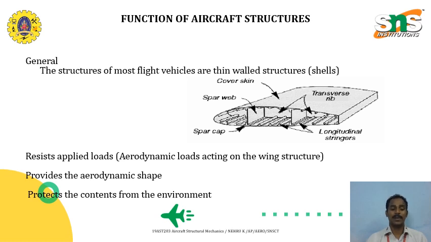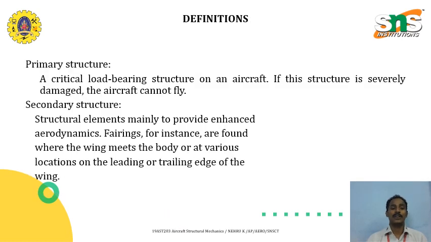To resist the applied load, the aerodynamic loads acting on the wing will depend on what shape we are using and how it is designed. To protect the connection in the environment, we have to design properly, both in structure as well as aerodynamics.